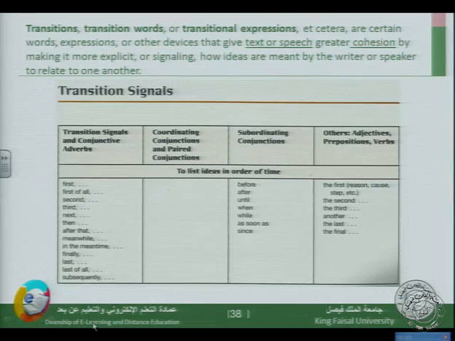And here is the chart. You can find it in the index at the end of your textbook, and it lists all the transition signals, the conjunctive adverbs, the coordinating conjunctions, the paired conjunctions, the subordinating conjunctions, and other adjective, preposition or verb conjunctions.